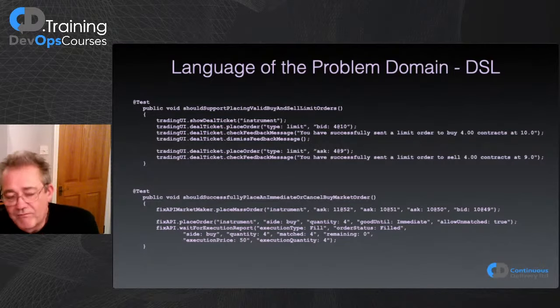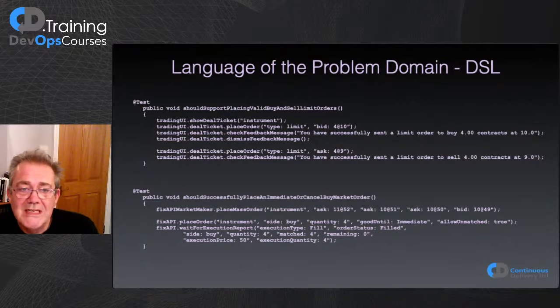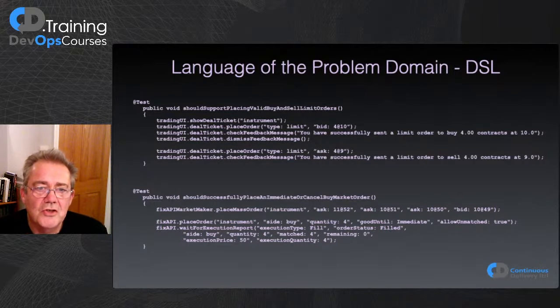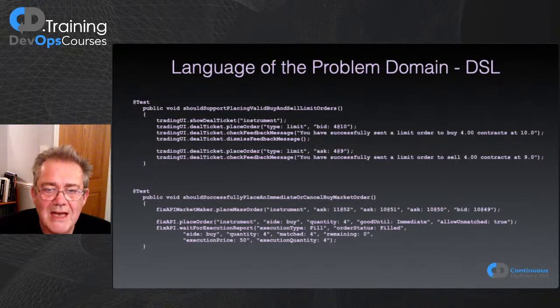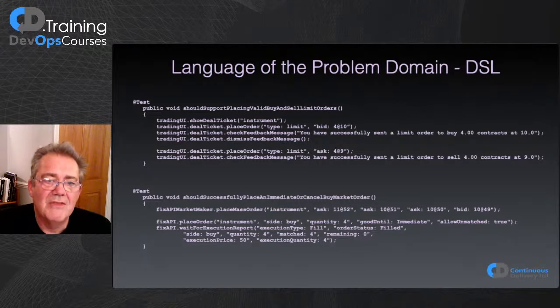And I know this to be true because we did this. If you put a test like this in front of a human being who understands trading, they will be able to understand what this is doing. They will clearly be able to follow what's happening, the scenario that is captured here. It turns out that human beings are quite good at language parsing, even better than computers.